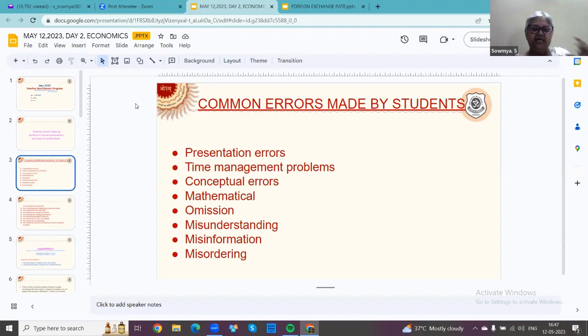Sometimes they come up with a table, no table, or too many diagrams, no diagrams. Sometimes the answer will be in a big chunk of a paragraph. They don't underline the value points.